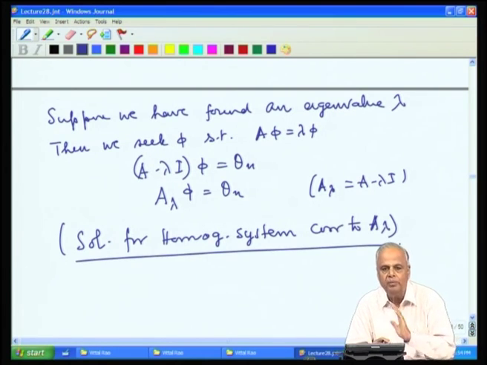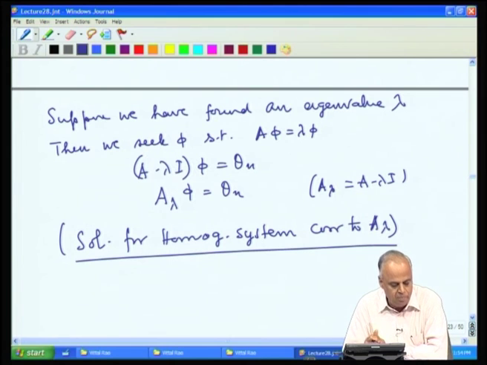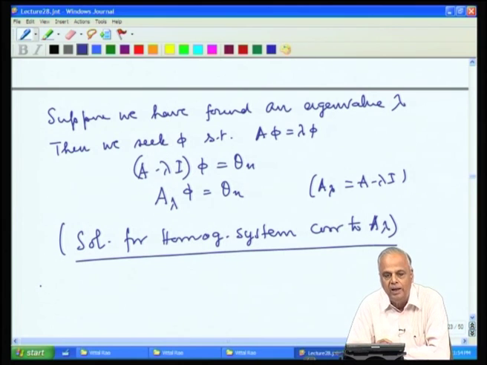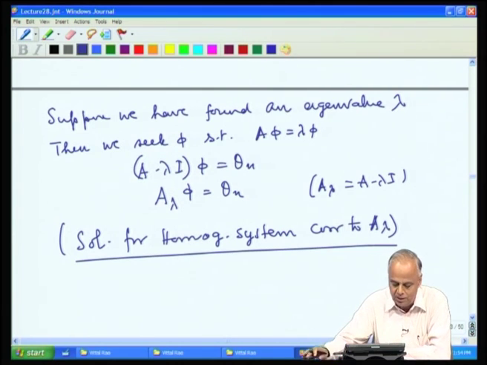Therefore, that is a fairly easy job. We have seen how to treat homogeneous systems. So, if we know an eigenvalue, there seems to be some hope of finding a pair eigenvector for that. So, there is hope for us to find at least the phi's in some sense the moment we know the eigenvalue. There is a chance because we have to solve a homogeneous system.